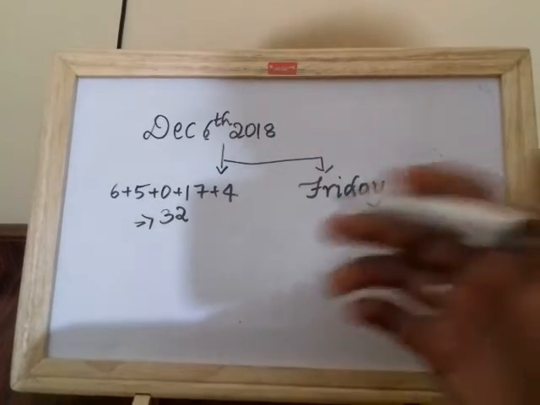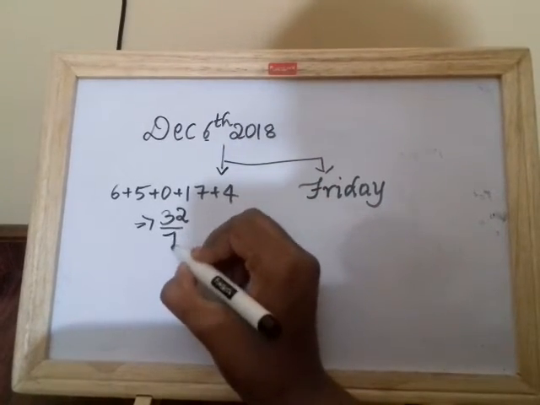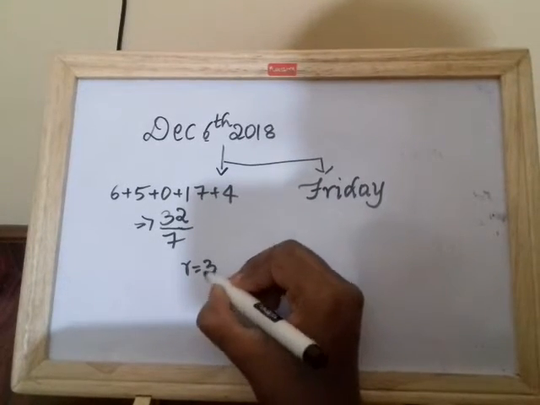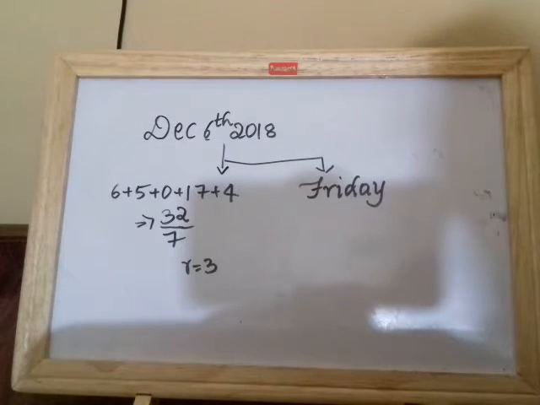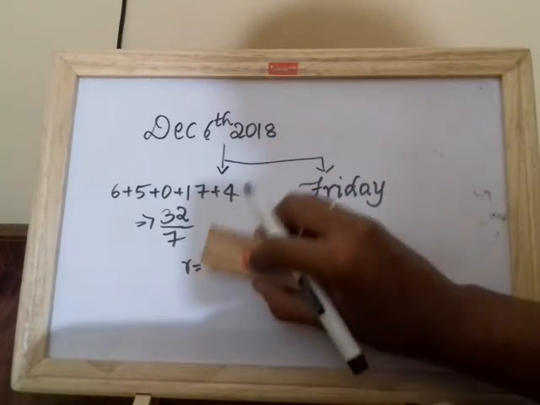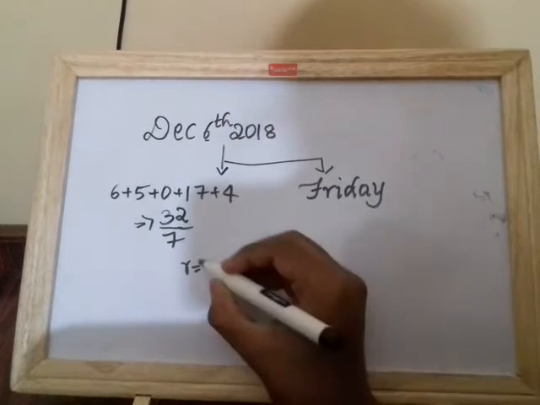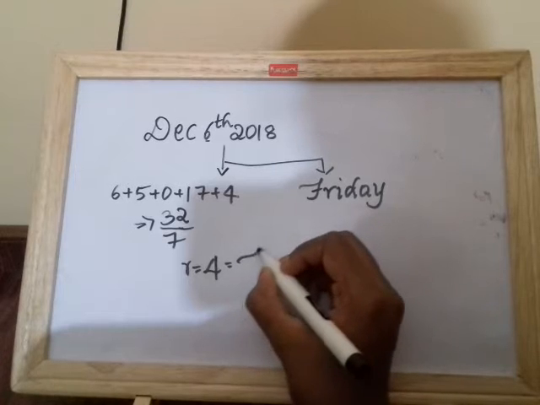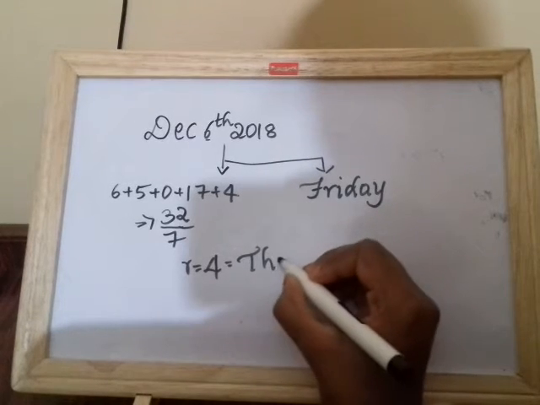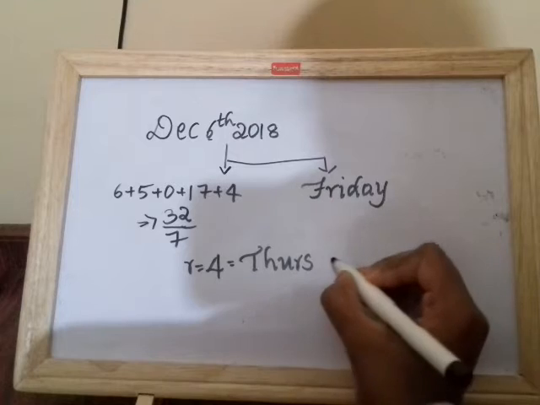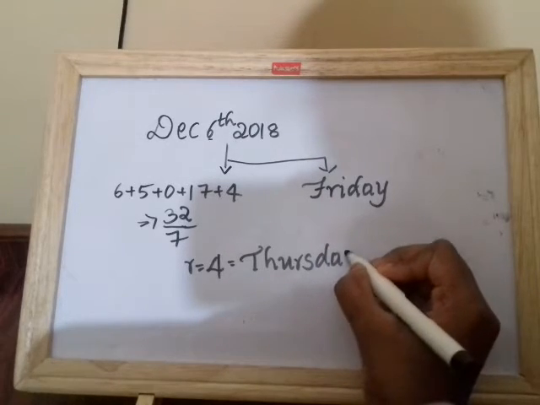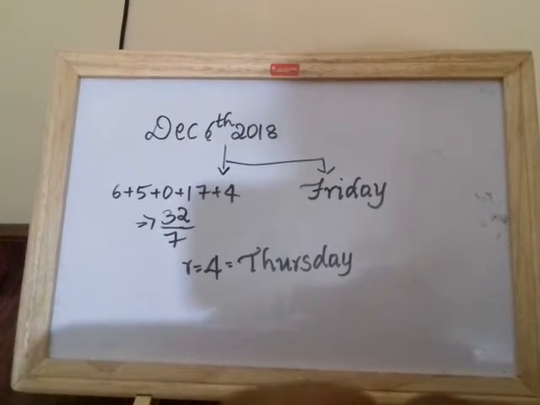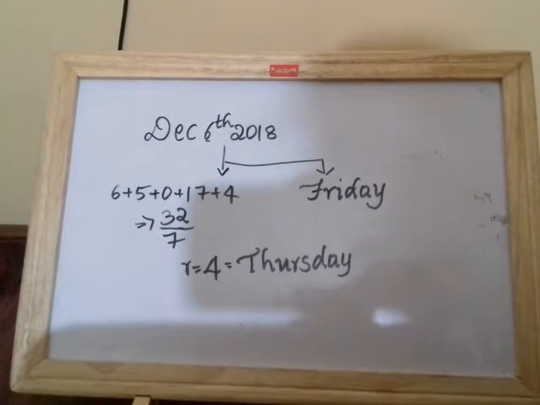So when we divide 32 by 7, we get the remainder 4. If the remainder is 4, then the day would be Thursday. So the actual day for December 6, 2018 is Thursday.